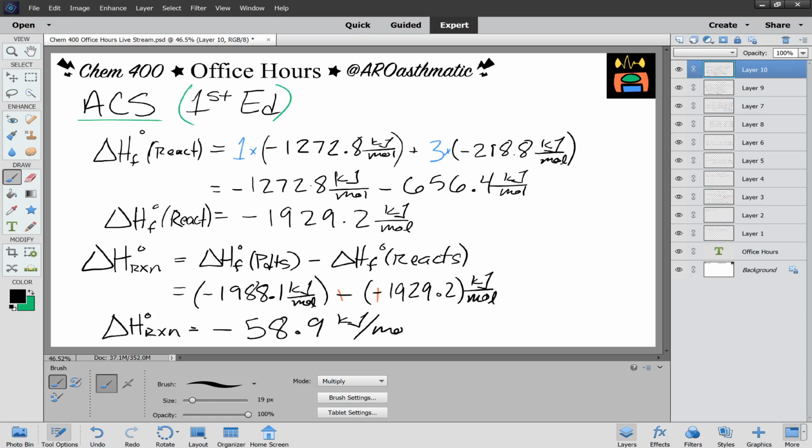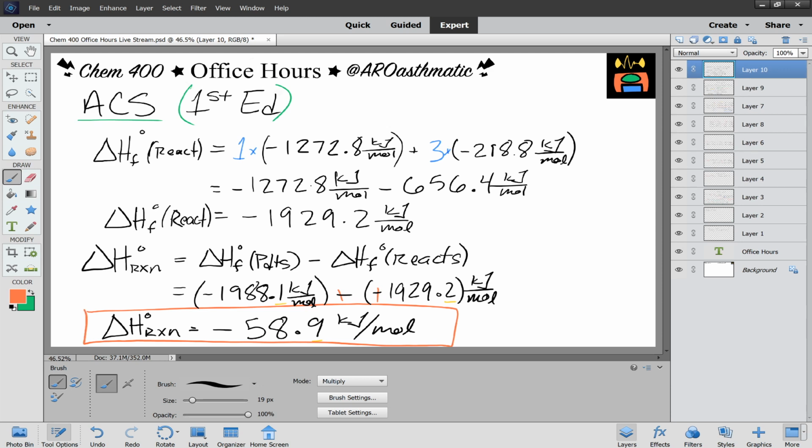kilojoules per mole. And again, we just did a sum. Both of the numbers that we added are precise to the first decimal place. Our answer is precise to the first decimal place, so no rounding is required. So that is our solution.